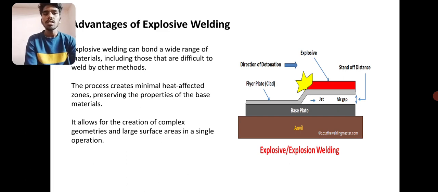It allows the creation of complex geometries and large surfaces in a single operation. With explosive welding we can do complex shapes and large areas in a single operation only, with no need of any other equipment.